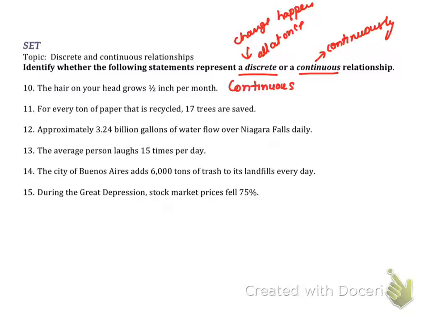Trees are counted, you don't count 2.5 trees or 3.5 trees. So it's always going to be a full number, like for another ton there could be another 17 trees, so it's going to be discrete. All right, so you can try other questions on your own. Let's move to the next one.